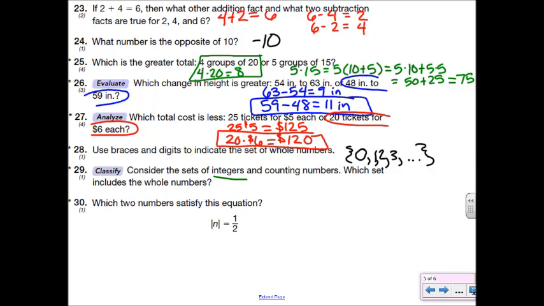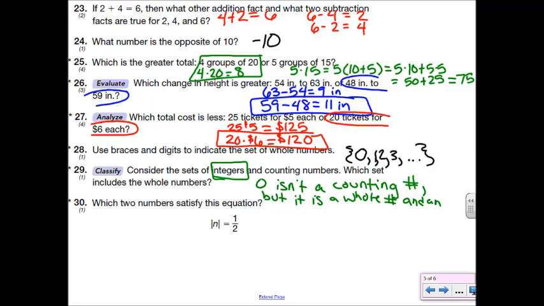So the integers include whole numbers. So 0 isn't a counting number, but it is a whole number and an integer.